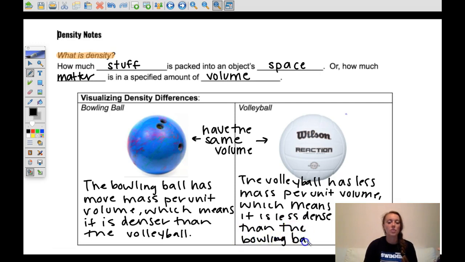You might also remember density in terms of sinking and floating from middle school, where if something is less dense, it'll float, but if it's more dense than the solution it's in, it'll sink.